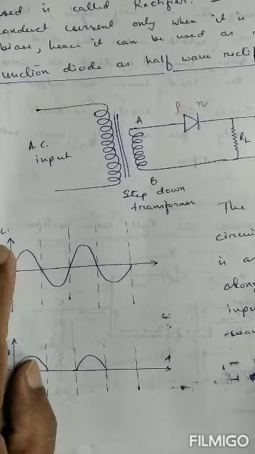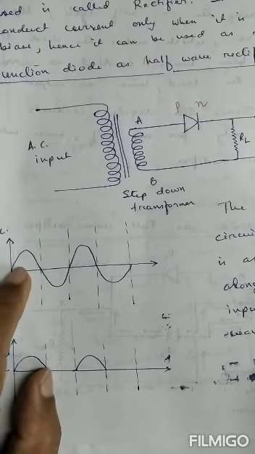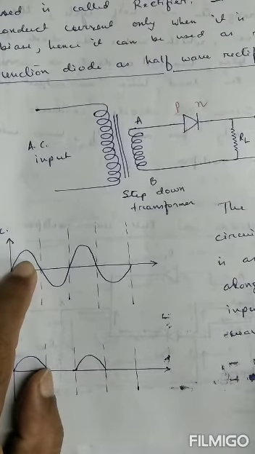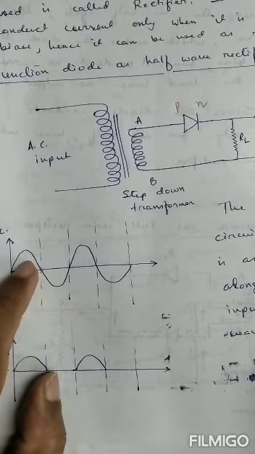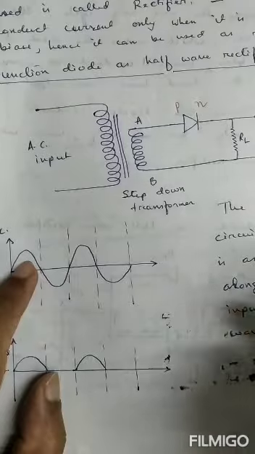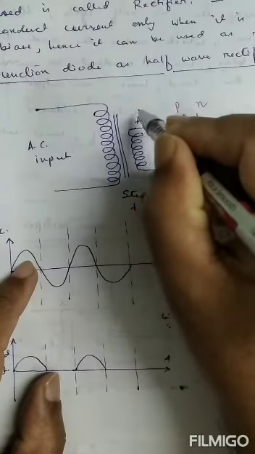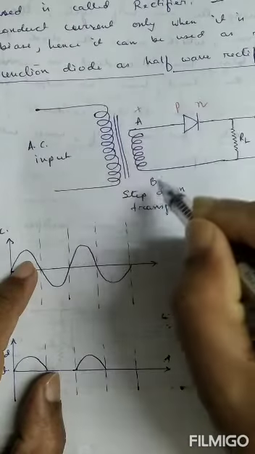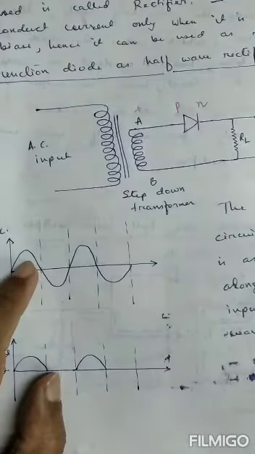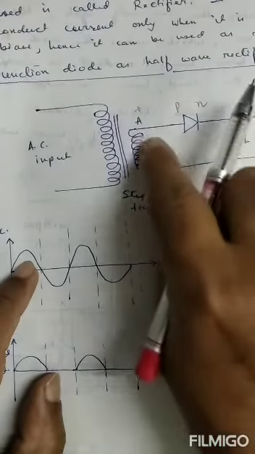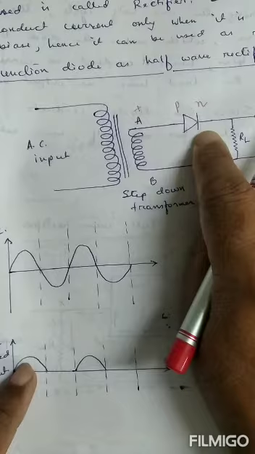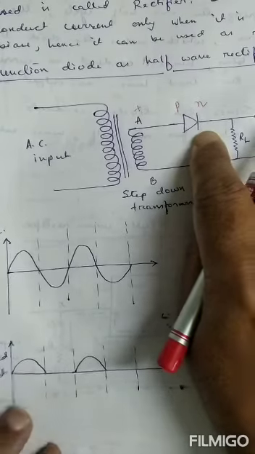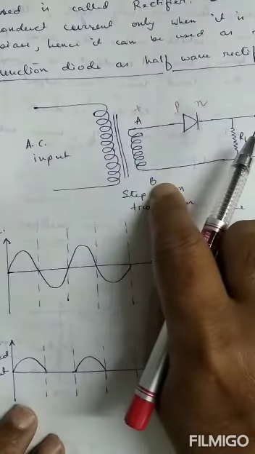So this is the input AC. Say this is the positive half of input AC. This is the negative half of input AC. Say during the positive half of input AC, terminal A becomes positive, then B will become negative. So if A is positive, B negative, this diode is forward biased.